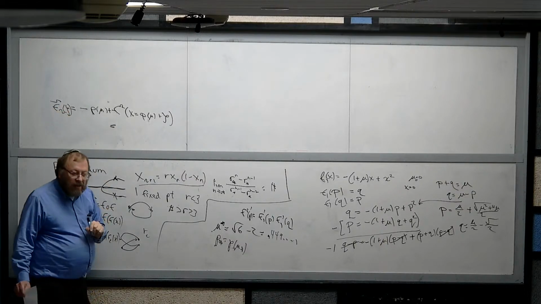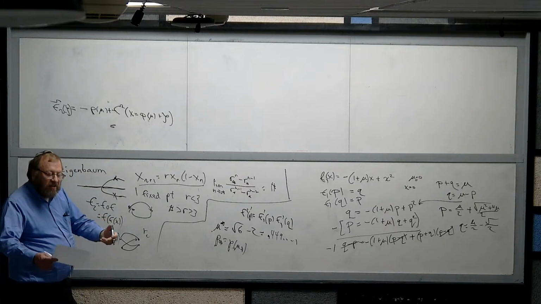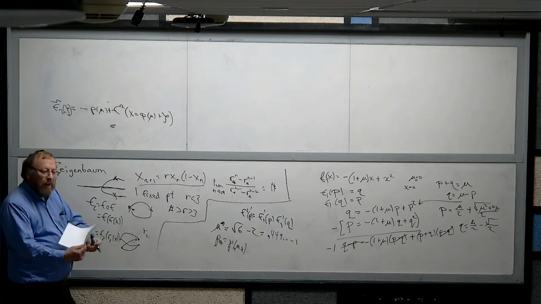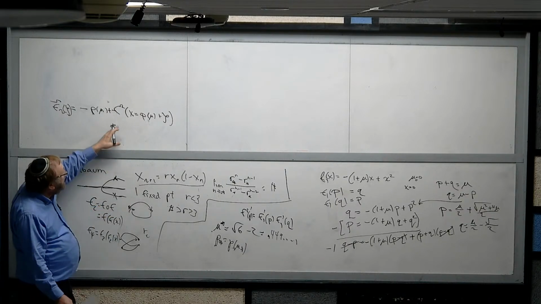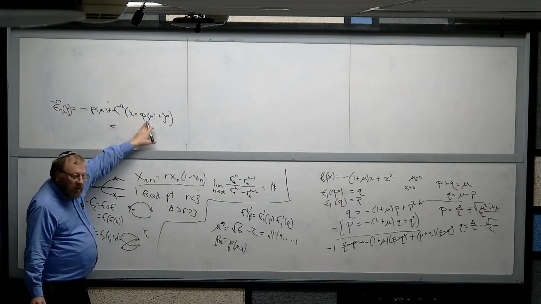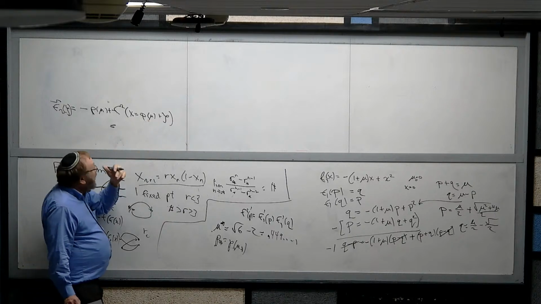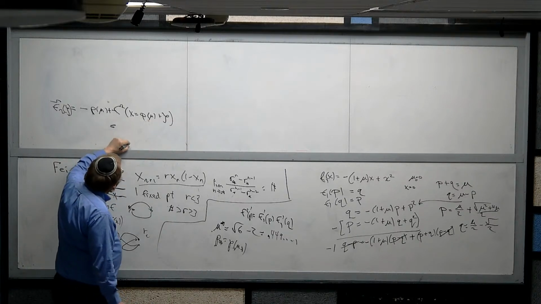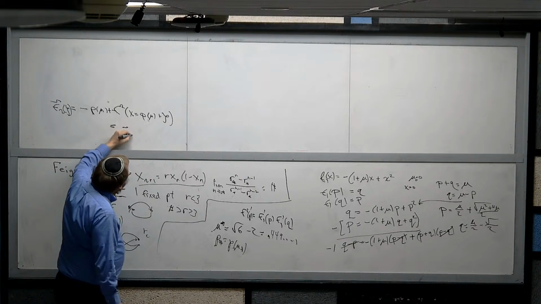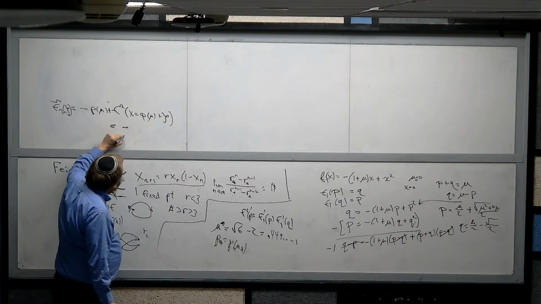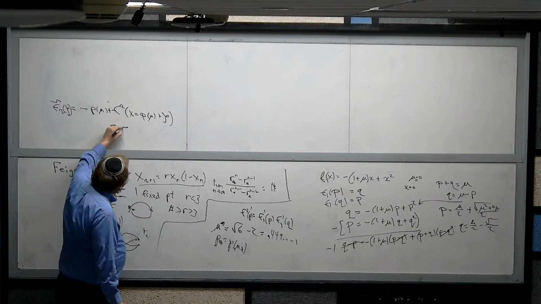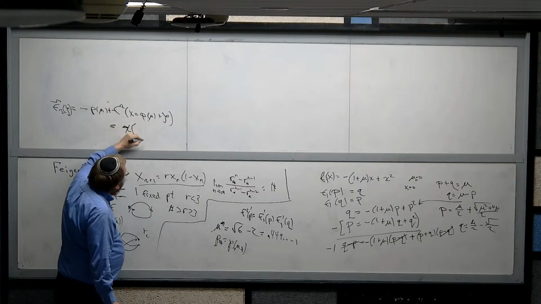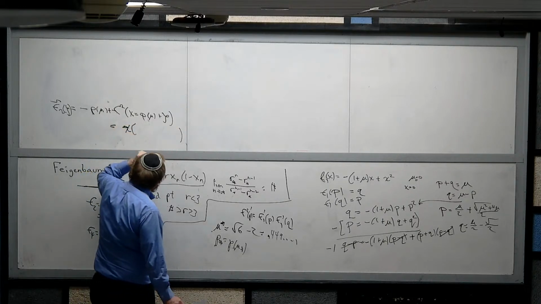This is the new map when we take our magnifying glass and look in the vicinity of what happens near P. It looks like it's 0 when zeta equals 0, so there's no constant piece. There's an x piece.